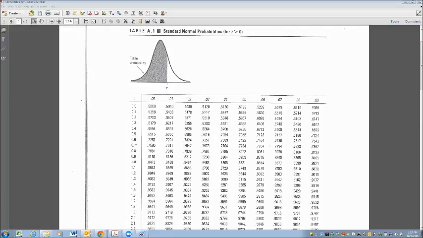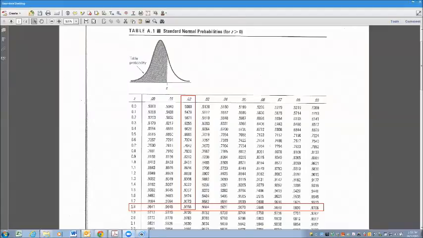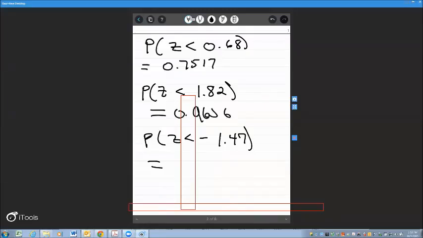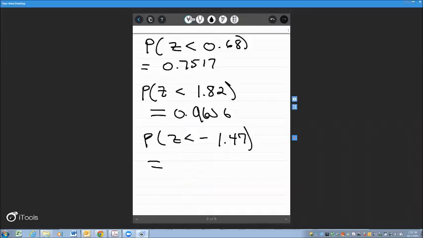In order to calculate that, we would do the 1.8 row and the 0.02 column, and we see 0.9656. So our probability of being less than 1.82 is 0.9656.